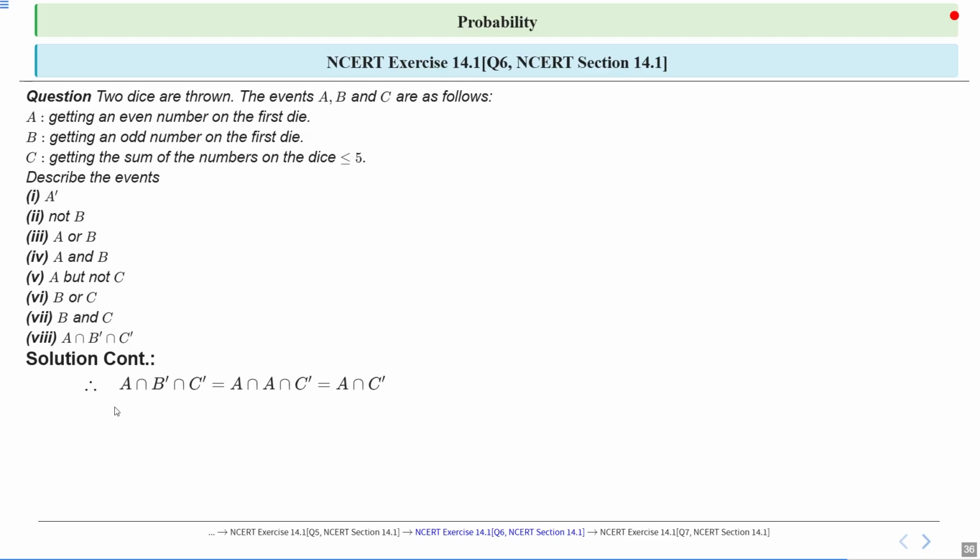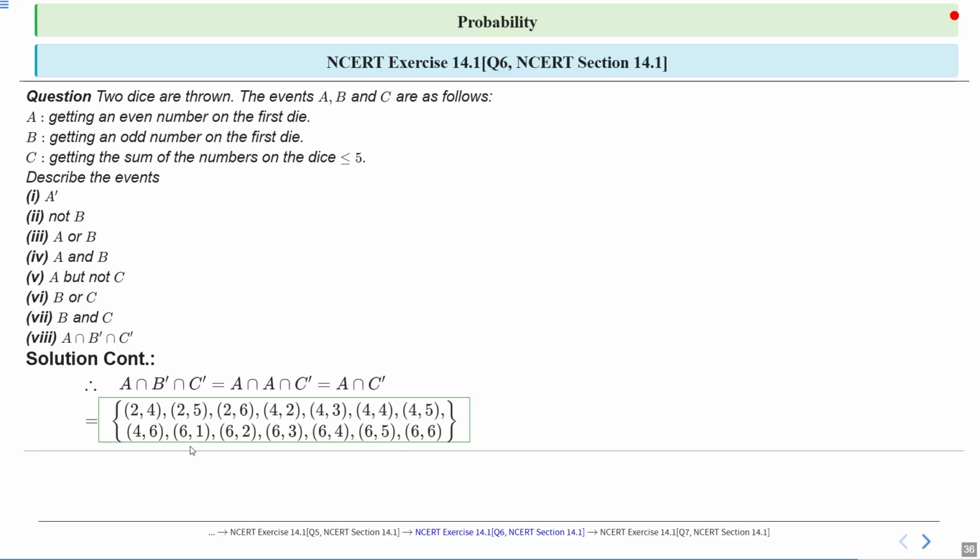And now you can find A intersection B complement intersection C complement. We have already shown B complement is nothing but event A. So A intersection A intersection C complement. And A intersection A is nothing but A, so this is basically equal to A intersection C complement.